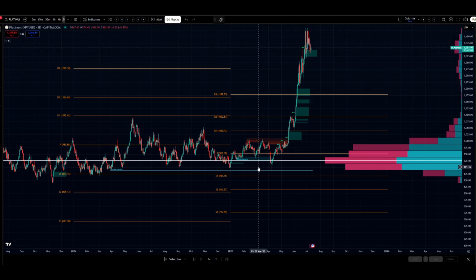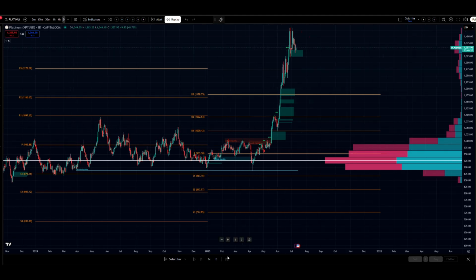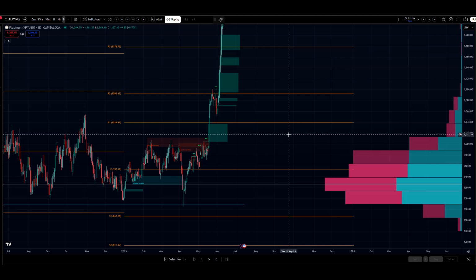We discussed this earlier as the 950 level being a key level to enter and follow up for a longer term trade, but that's something that is evident here as well. So from our point of view, it becomes kind of bullish when it is going above the P line.